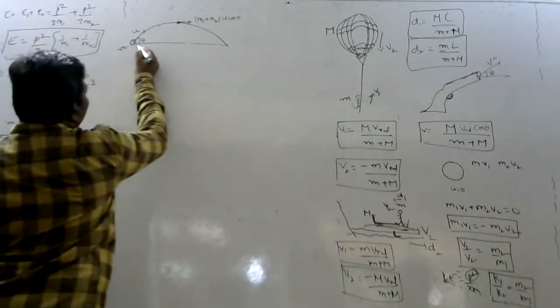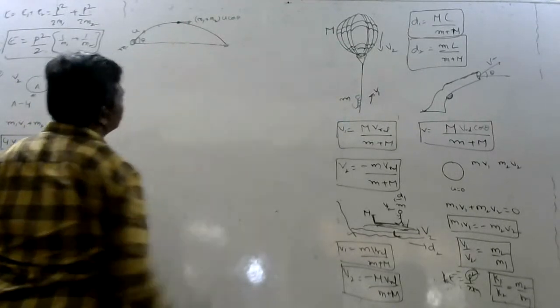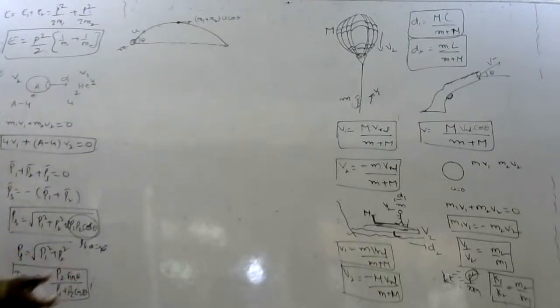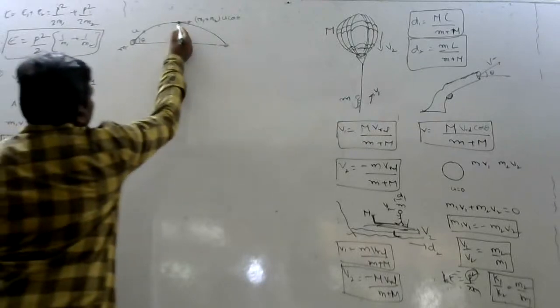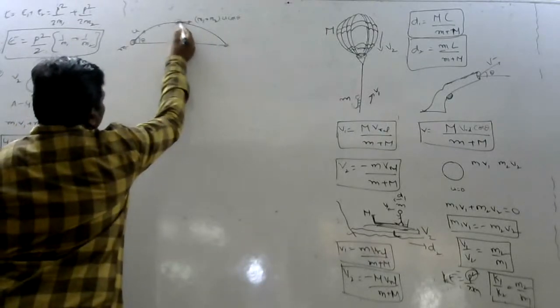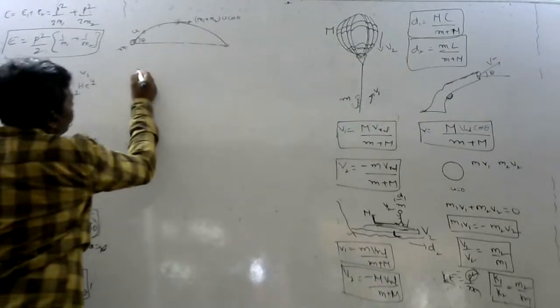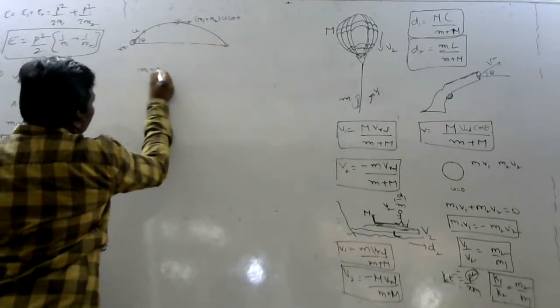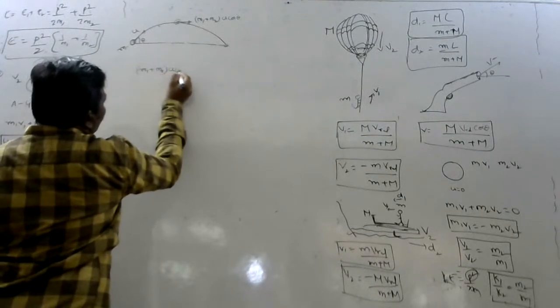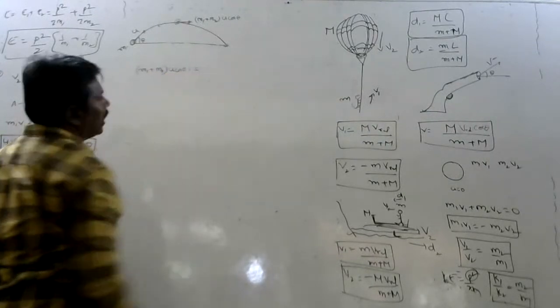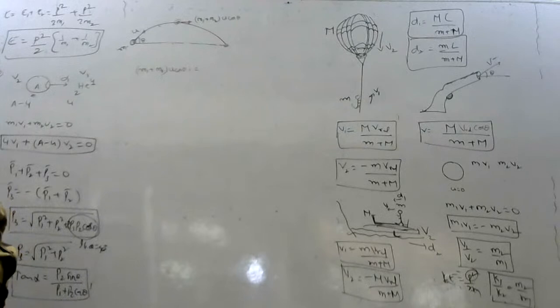So we apply conservation of linear momentum. In this case also the bomb is initially at the highest point. By conservation of linear momentum, (m1 plus m2) u cos theta I cap, since it has only horizontal velocity.